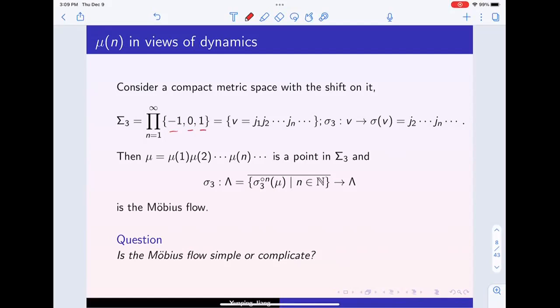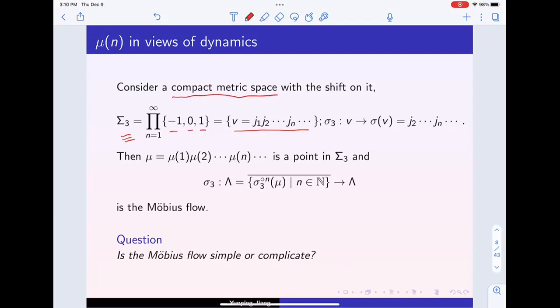Then you take the product together and get an infinite product. Then every element can be written as an infinite string of -1s, 0s, and 1s, right? This we call capital Sigma 3, with the so-called product topology. That will be a compact metric space, right?